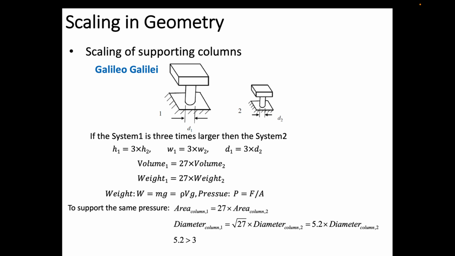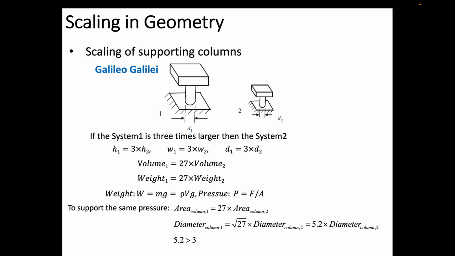To support the same pressure, we evaluate how the diameter has to change. The area has to be 27 times larger than that of column 2, so the diameter is the square root of 27, which turns out to be 5.2.